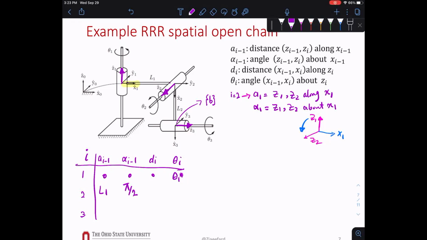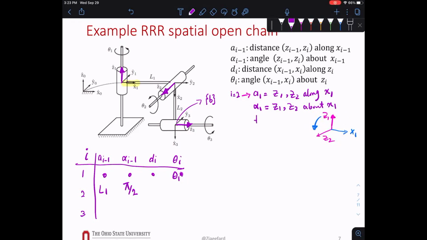What's D2? I'm going to just write it also, just to help you to follow me while you're writing. D2 is distance between X1, X2, and along Z2. So this is X1, this is X2.